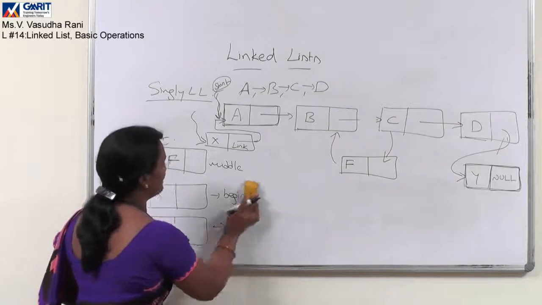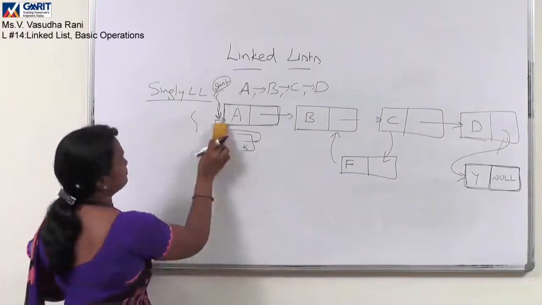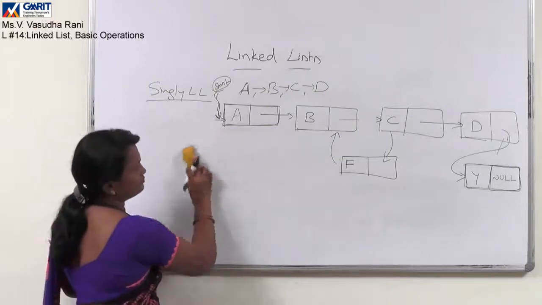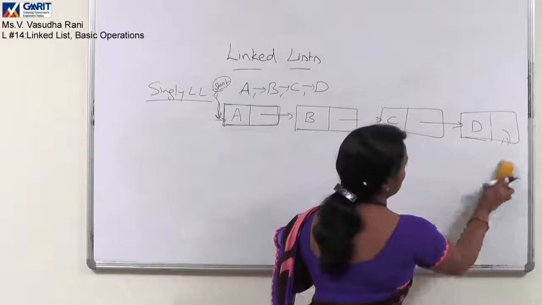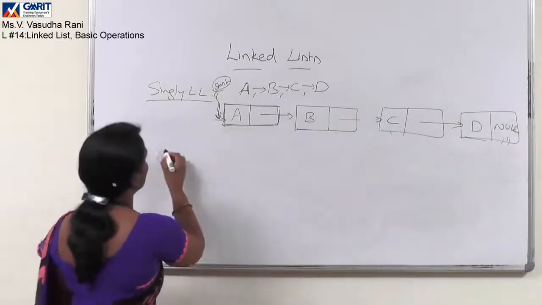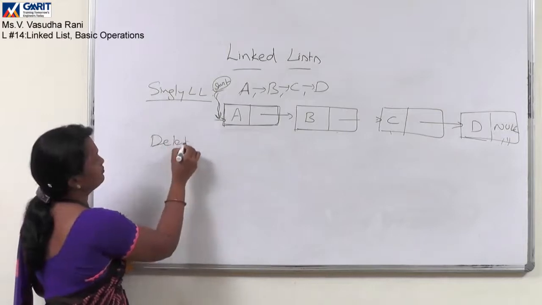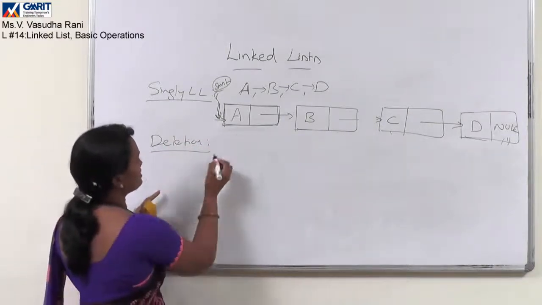Then coming to deletion. How do you delete if it is the begin node?